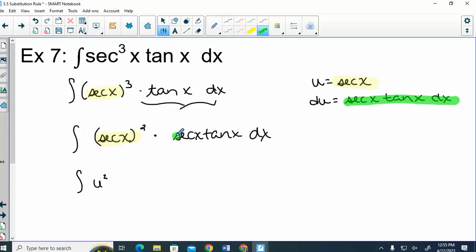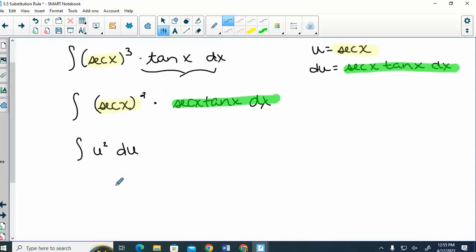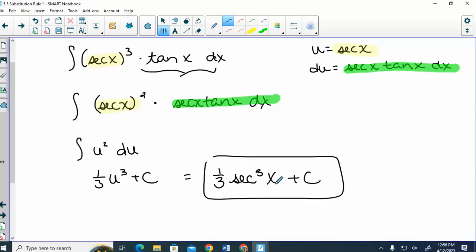Then the secant x tangent x dx becomes du. Antiderivative of u squared? Let's see. 1/3 u is my secant. We get 1/3 secant cubed x plus c.